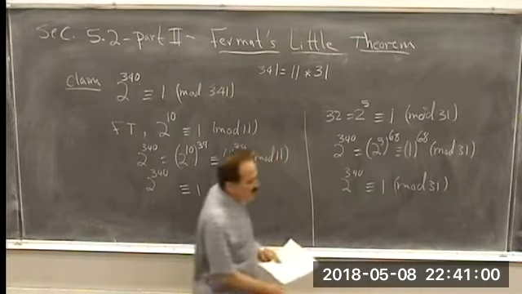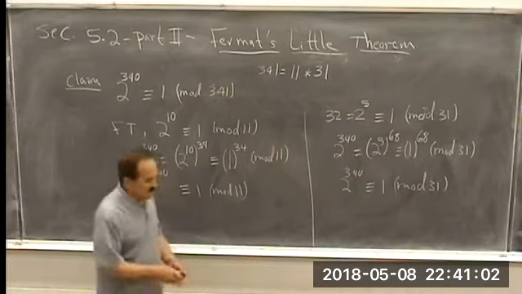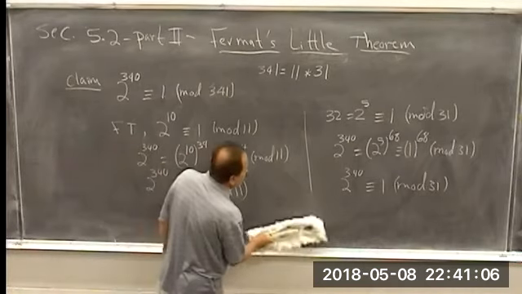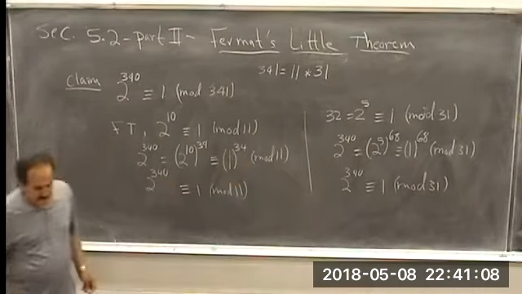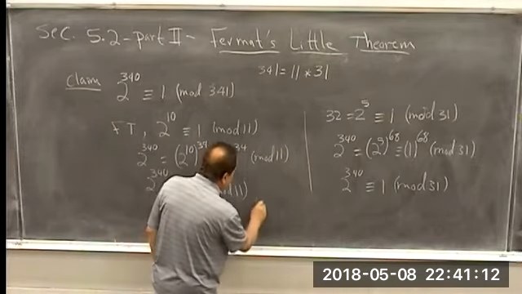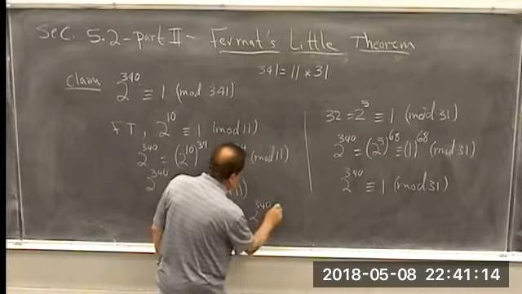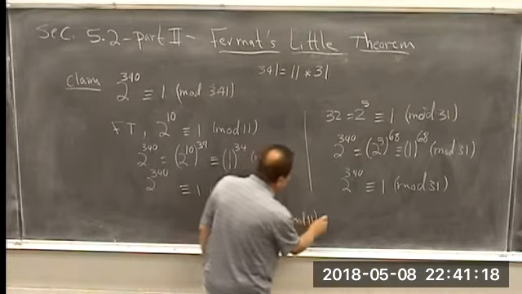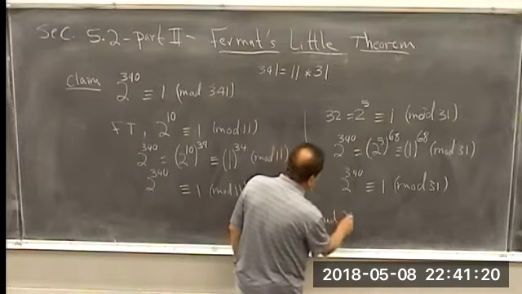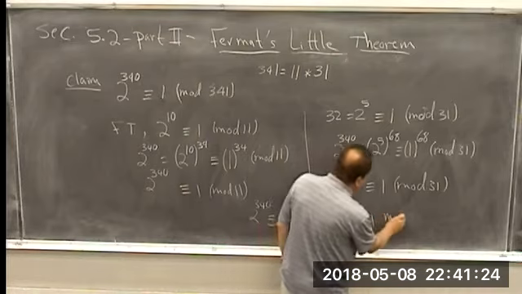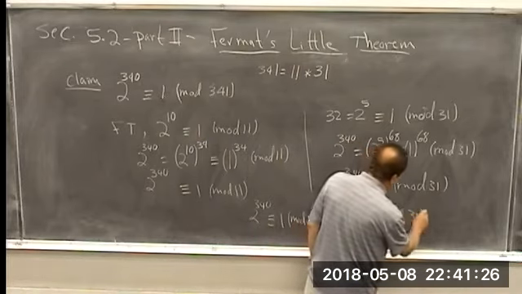So we have 2 to the 340 is congruent to 1 mod 11, and 2 to the 340 is congruent to 1 mod 31.